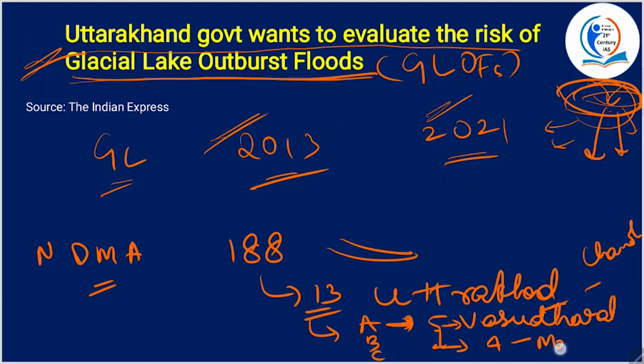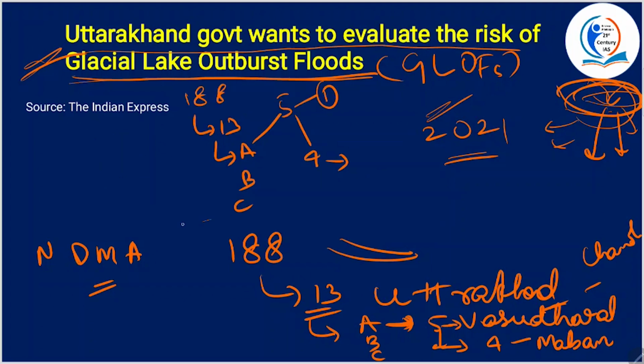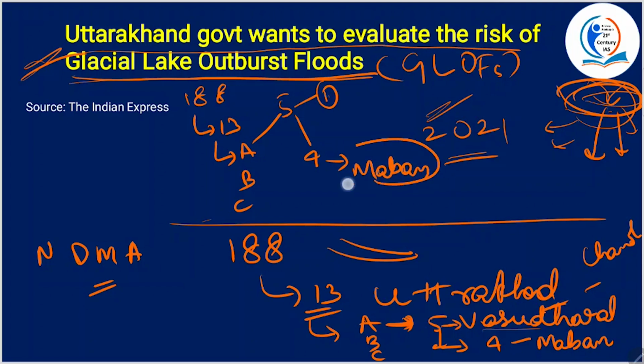And what are those? Maban Lake in the Lassar Yangti Valley, Paingru Lake. So 1 plus 4: 1 is the Vasudhara Tal in Chamoli district, and the 4 are in Pithoragarh district. One is Maban Lake in the Lassar Yangti Valley.